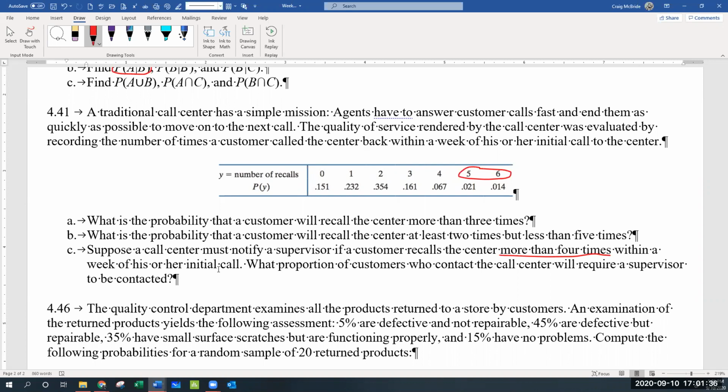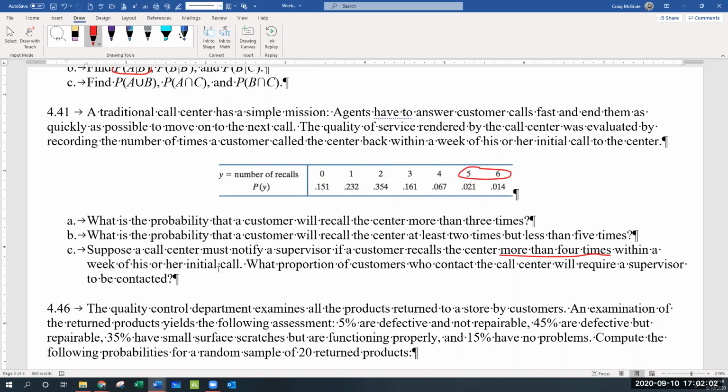But you count the number of siblings, the number of times you go to the movies in a month, the number of bathrooms in your home, or in this case, the number of recalls in one day or in 1 week. They call it within a week, so the number of times a customer called the center back within a week of his or her initial call.